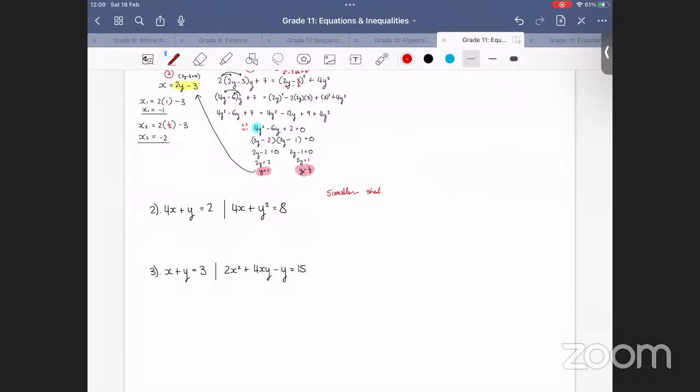Tell me just before we leave one more time, what are you guys currently busy with? Are you busy with exponents? Are you busy with equations and inequalities? Or are you currently busy with trigonometry? Trig. Okay, it's quite a mix.